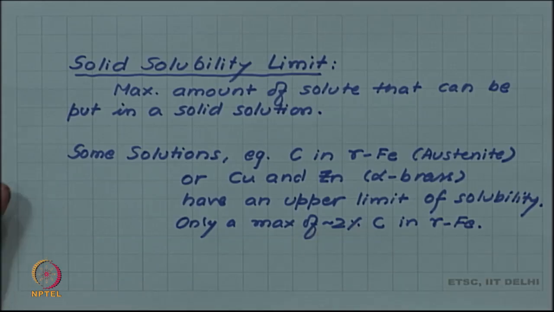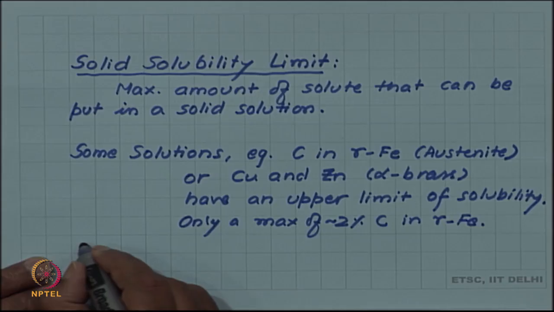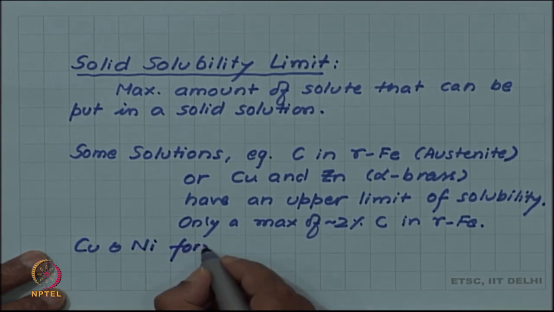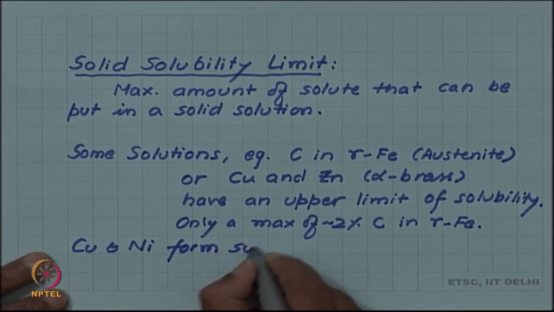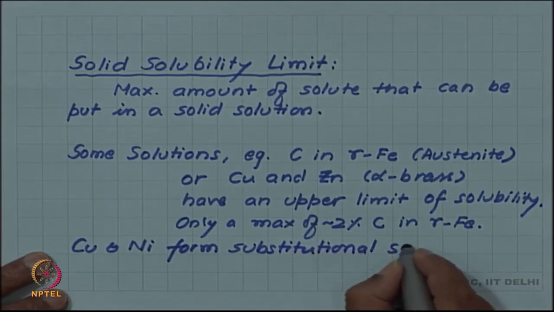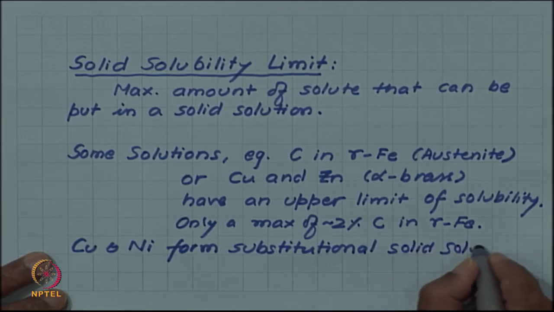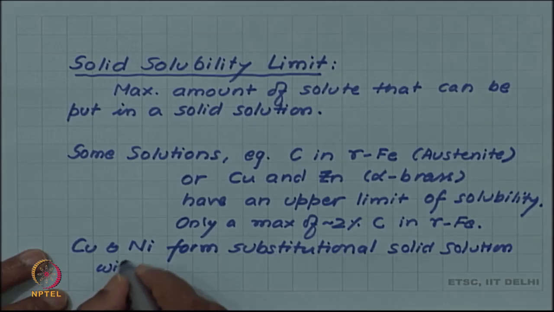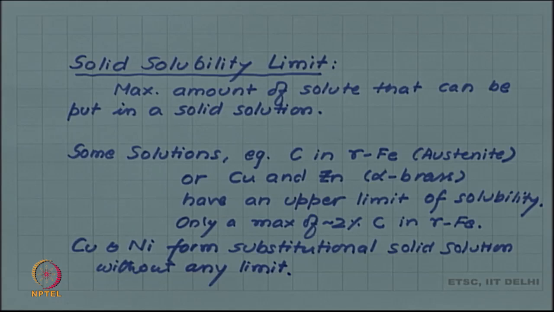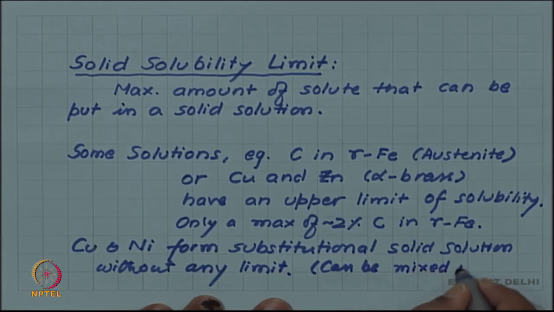So, these solutions have a solubility limit, whereas let us give an example, copper and nickel form substitutional solid solution without any limit, means they can be mixed in any proportion.